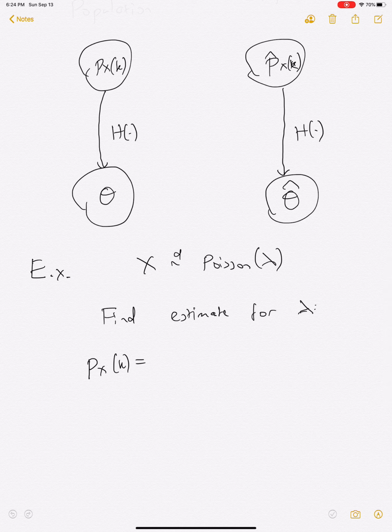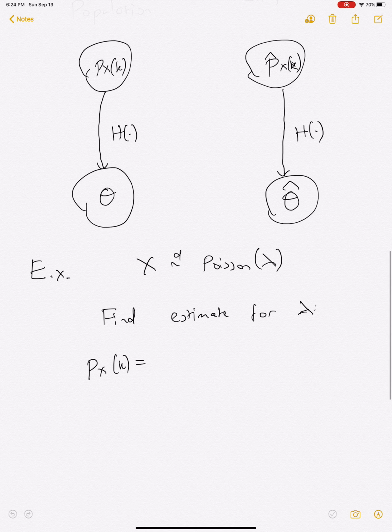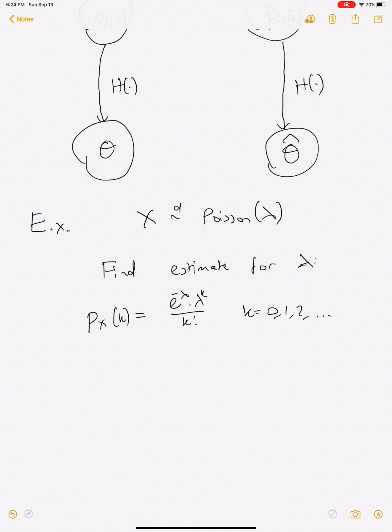So now let's return to an example that we saw in the previous lecture, which is X is a Poisson lambda random variable. So we want to find an estimate for lambda. So recall that for the Poisson distribution, px of k is lambda to the k e to the negative lambda over k factorial, and this is for k equals 0, 1, 2, so for all non-negative integers.